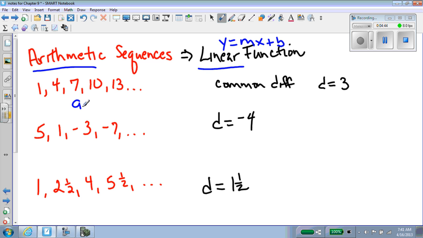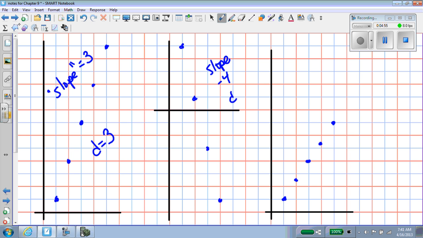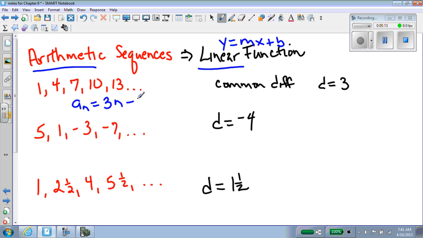So a sub n is equal to 3n in this case. And then our y-intercept. Well, none of these had a y-intercept because we started with the first term. But we could think about what would the first term have been. Well, this one, if I'm going up 3 and over 1, I would go down 3 and back 1. So I would have been at negative 2.